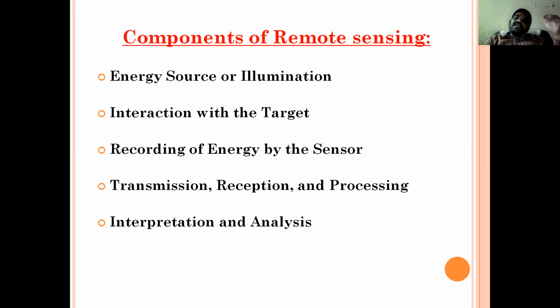If the sensors activate themselves and illuminate the target themselves, we name them active sensors. We already discussed in the previous class what an active source and a passive source are.